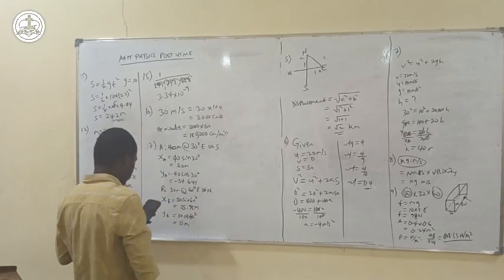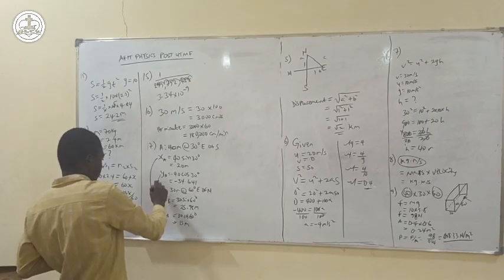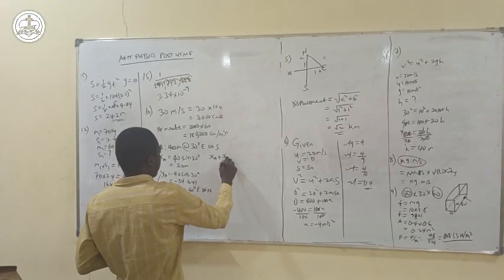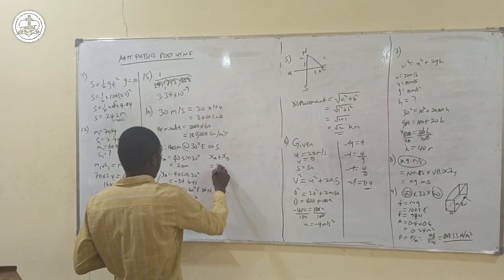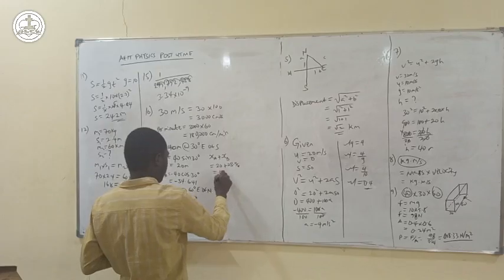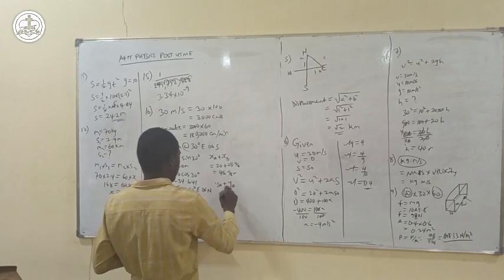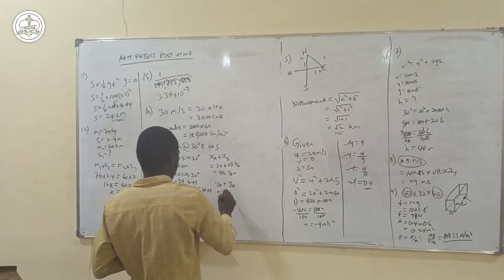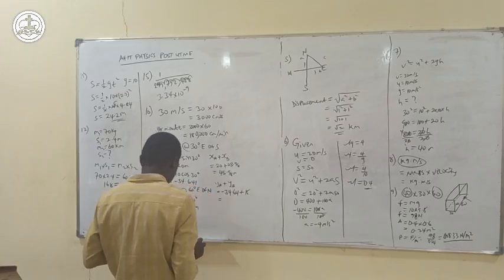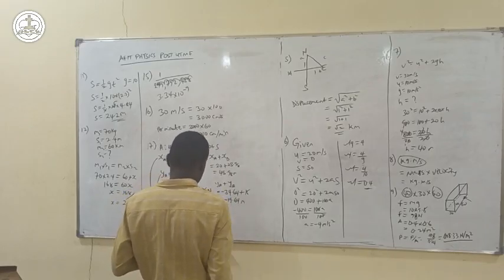We are going to sum the x components and the y components together. xa plus xb is equal to 20 plus 25.98, which is equal to 45.98 meters. ya plus yb is equal to minus 34.64 plus 15, which gives minus 19.64 meters.